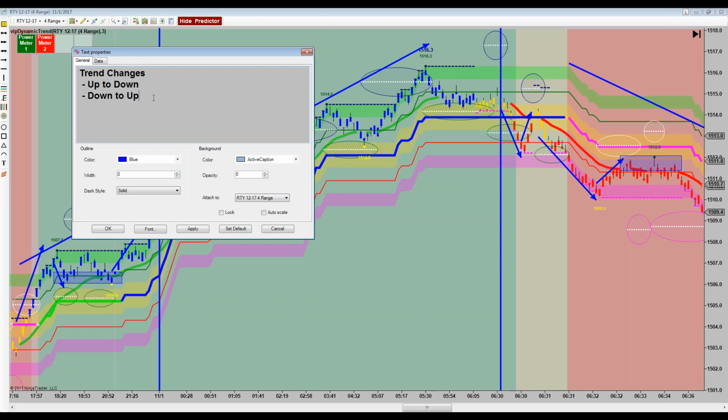Okay, good. All right, so then the other possibilities for us are we can go from up to sideways, and we could go down to sideways.